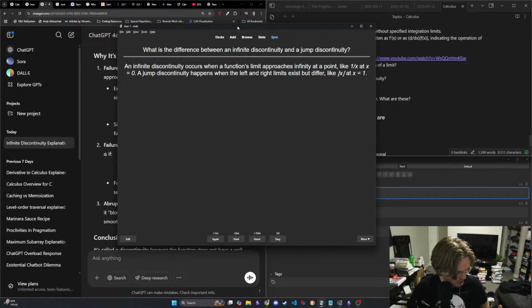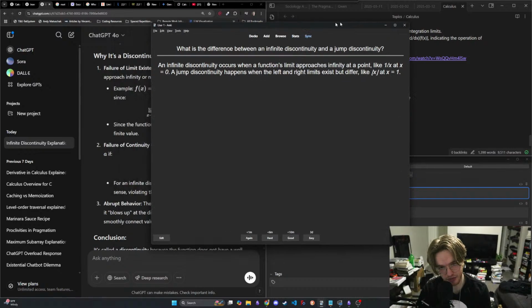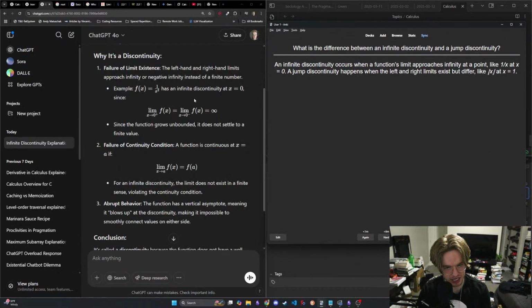I do have a question. Why is it the case that we call this an infinite discontinuity for something like 1 over x, but we don't call something like a normal function having an infinite discontinuity?